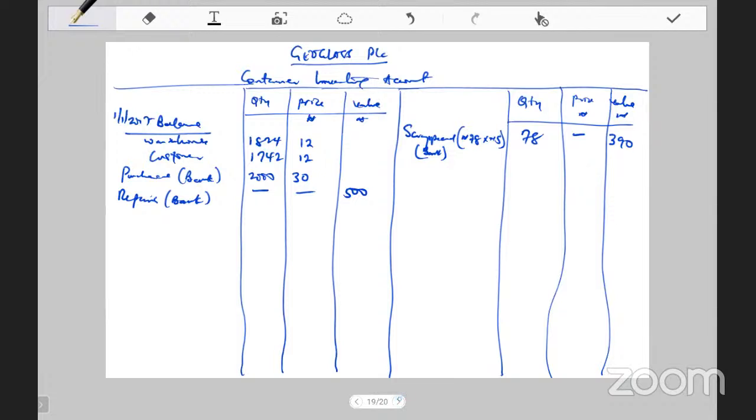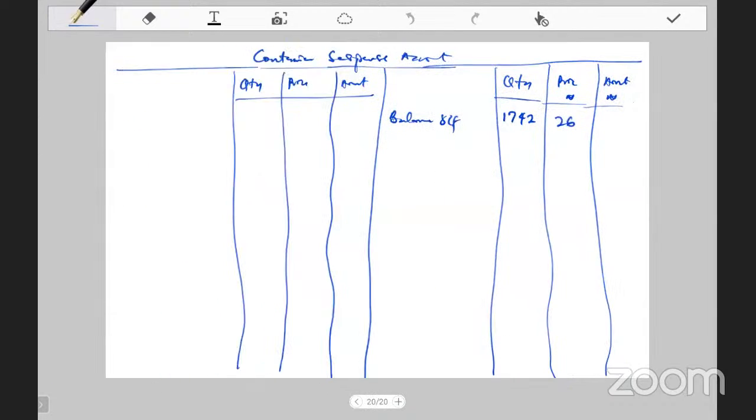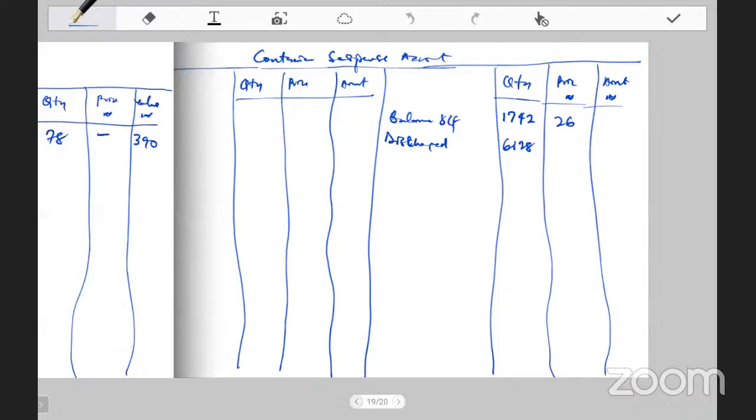Next, during the year, 6,128 cartons were discharged to customers. Let's take that. Discharge to customer. How many units? 6,128. And what was the charge out price? The charge out price is 30 naira. Are you sure?